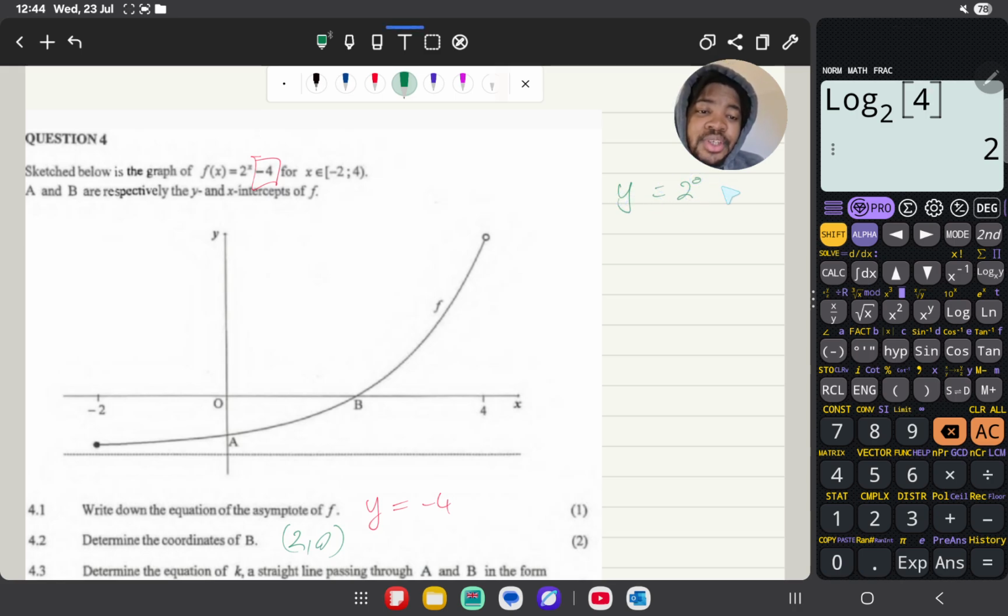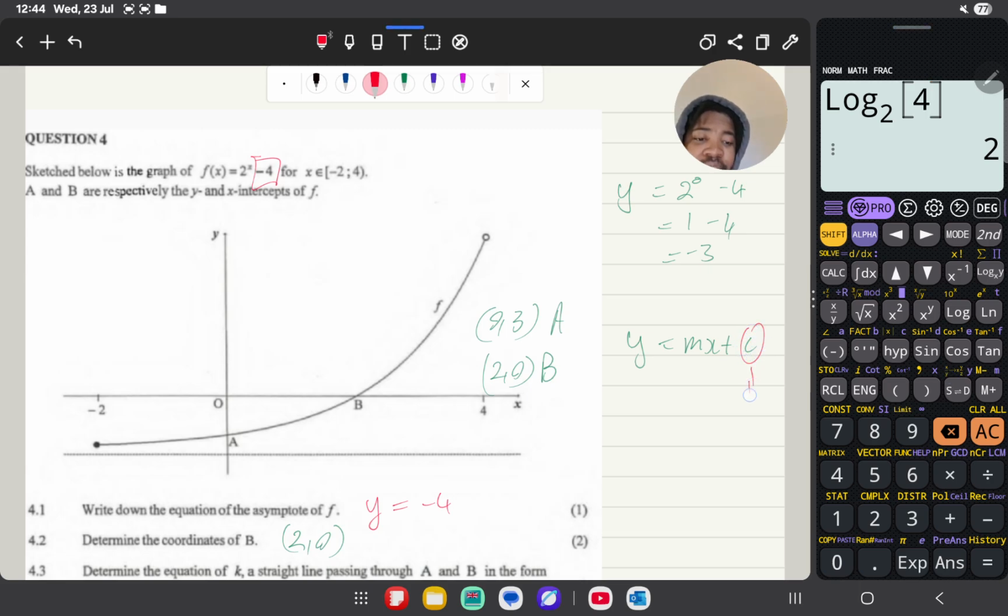So you have 2 to the power of 0 minus 4. So that is 1 minus 4, that is minus 3. So here you have (0, -3), right? That is point A. And then you have (2, 0). That is point B, right? And then on your function y equals mx plus c, you know that this c is the same as the y-intercept where x equals 0.